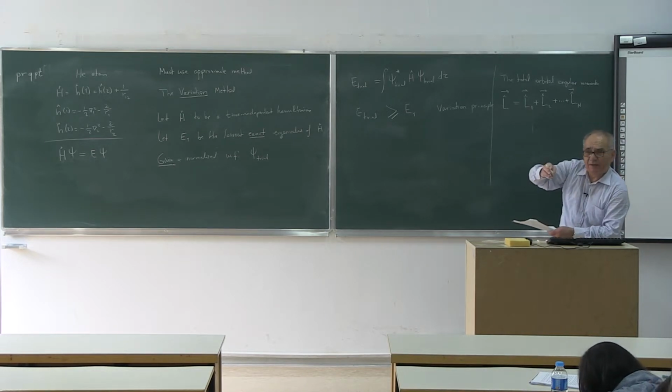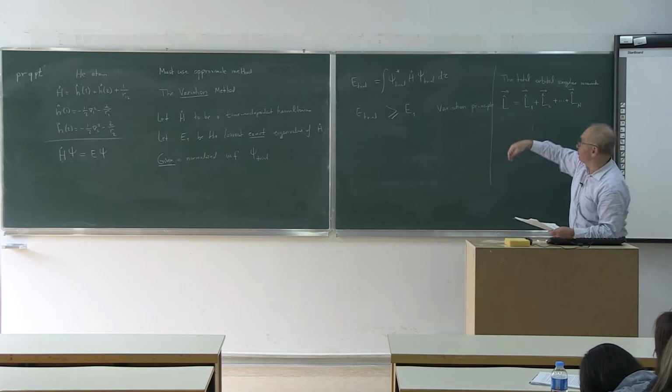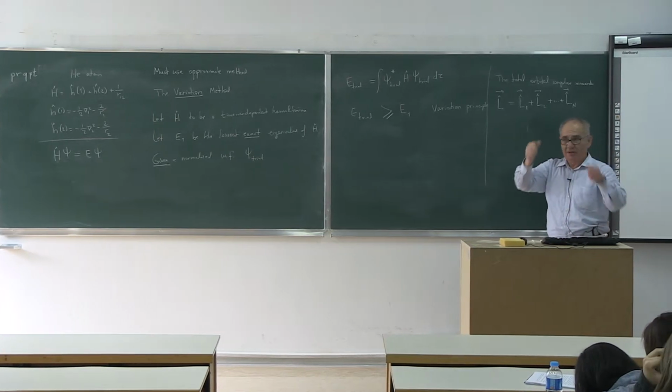L1 is the angular momentum vector for electron 1. L2 is the angular momentum vector for electron 2, and so on. The total angular momentum is the sum of these vectors.